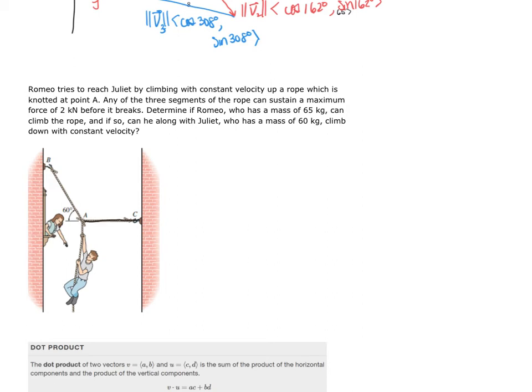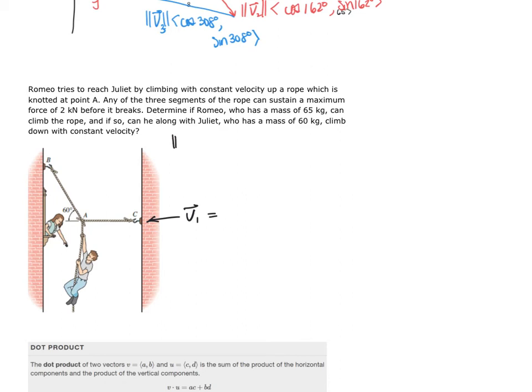We're going to call this my first vector, and then with that, I'm going to add to it this vector, and then I have this resulting vector. So basically, I'm doing it with vectors just like I did before. I have this first vector, my V1 vector, and it's going to have some magnitude.